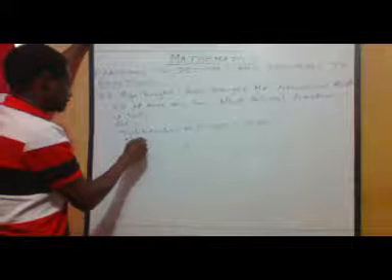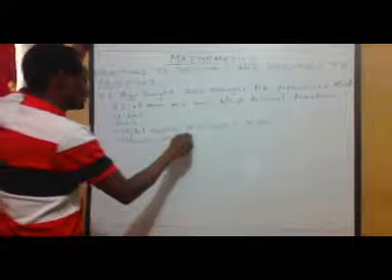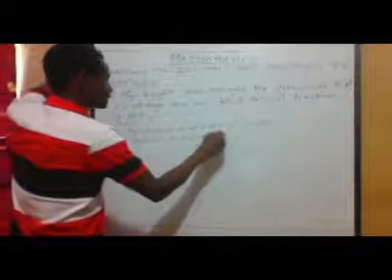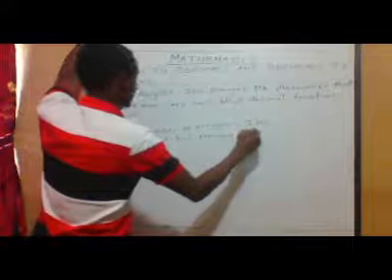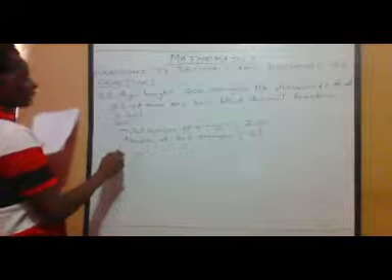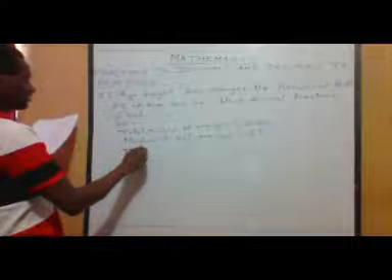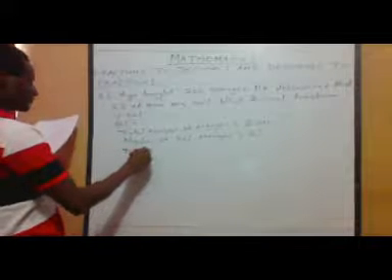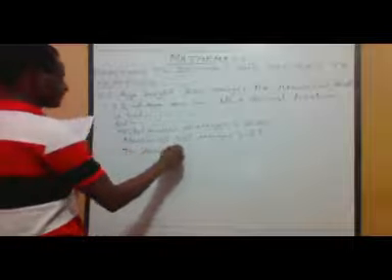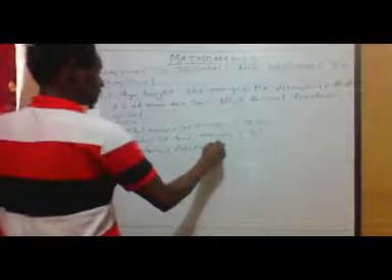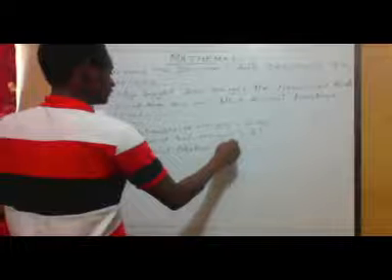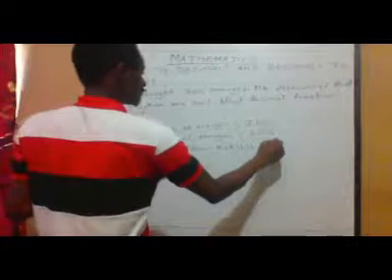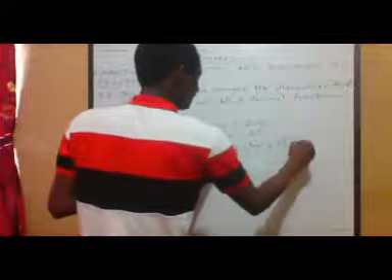Number of bad oranges, we have 25. So therefore the decimal fraction that is bad will be 25 divided by 200.